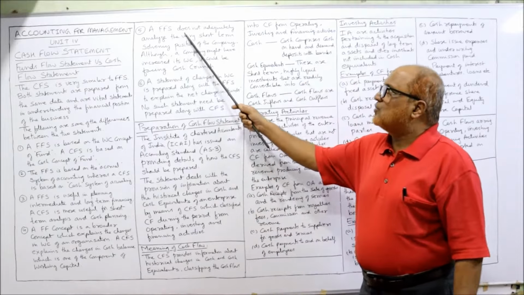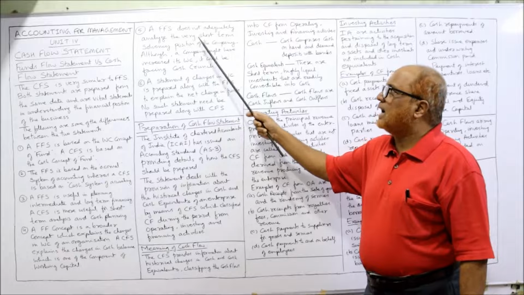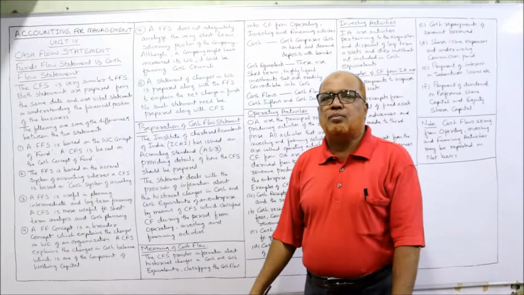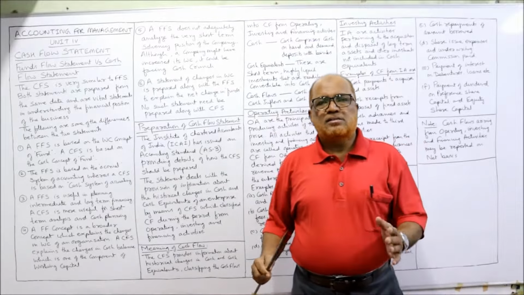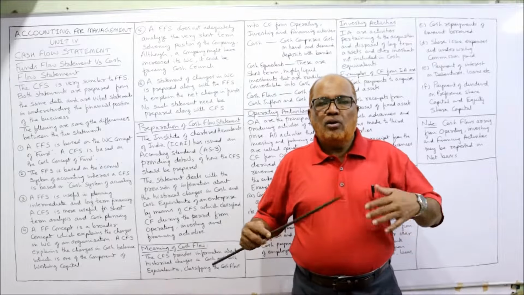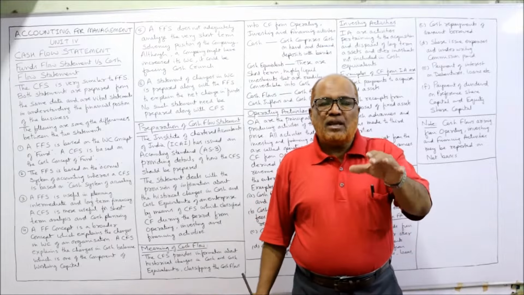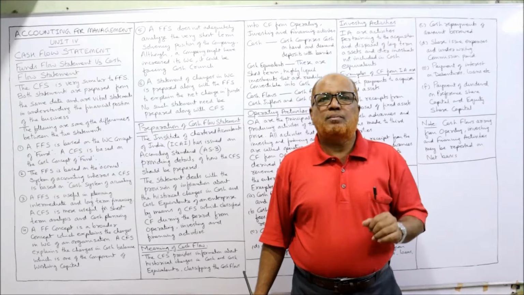Next one, a funds flow statement does not adequately analyze the very short-term solvency position of the business. This funds flow statement will not disclose the very short-term solvency position of the business.